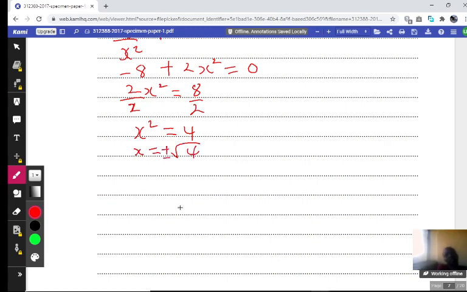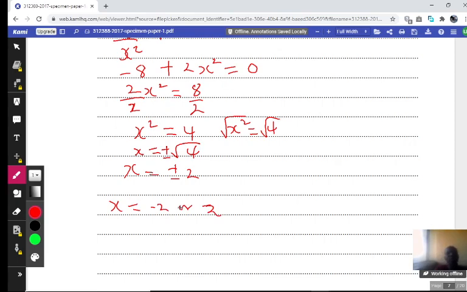To get rid of the square you put the square root on both sides. So x equals plus or minus 2. That's the final answer: x equals minus 2 or plus 2.